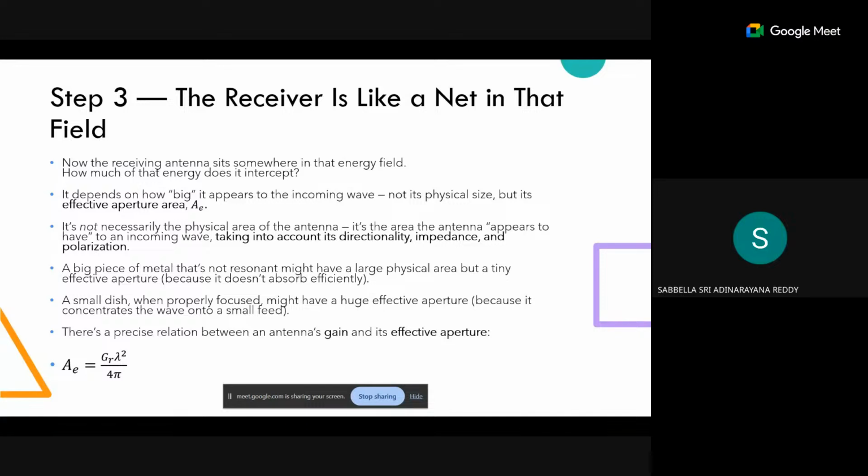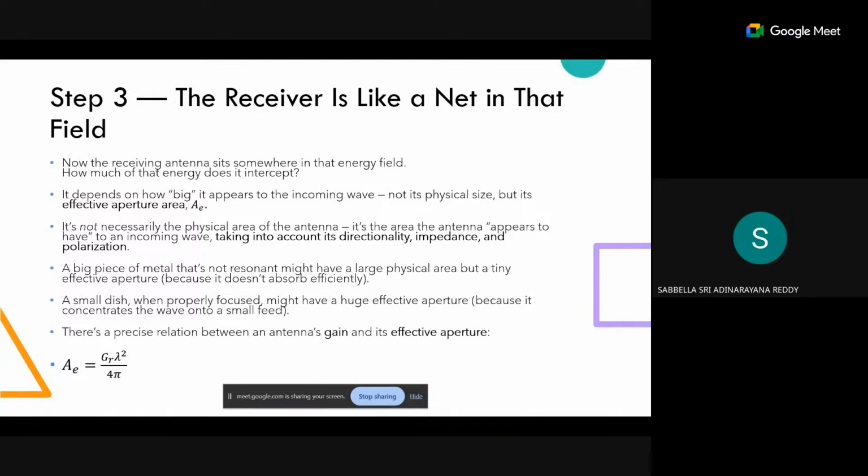We have to take that into consideration, because even if we are transmitting a particular amount of power in that direction, the amount of power that is going to be absorbed out of it is going to vary according to this effective aperture area, right? So we are taking that term also. AE is dependent on wavelength and gain.